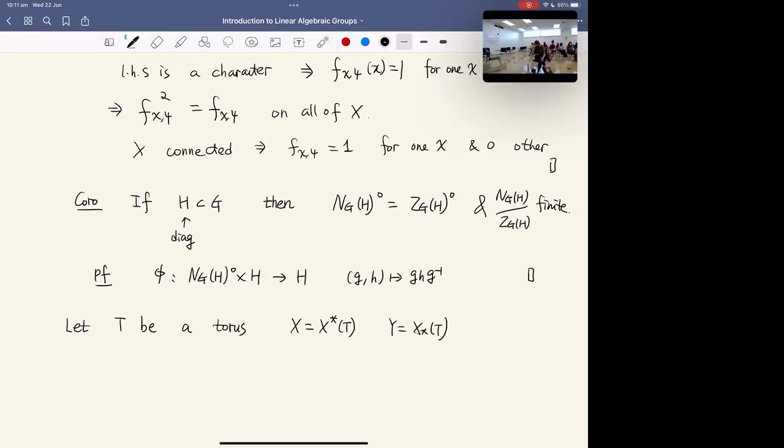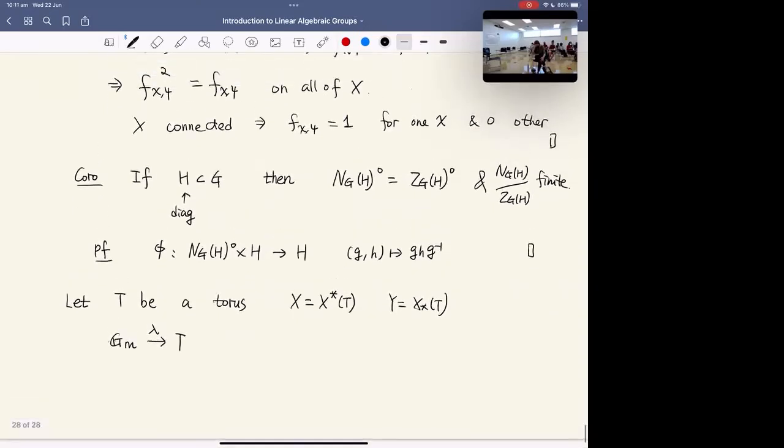These two are somehow dual to each other. If I take an element in X lower star T, I get a homomorphism from Gm to T. And if I take an element in X upper star T, I get a character.